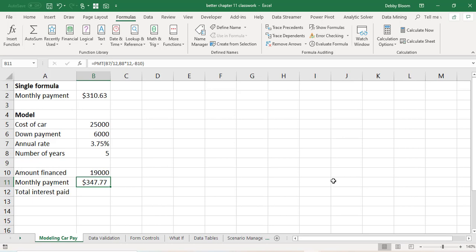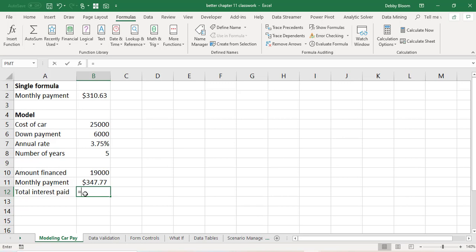The total interest paid is going to be the total of the payments minus the amount financed. So in this case, you're borrowing $19,000 and you're returning 60 payments of $347.77 each. So the difference between what you're paying back and what you're borrowing is the total interest. So I'm going to click in cell B12.